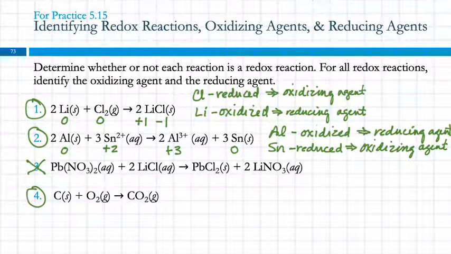0. And oxygen? 0. Good. One way you could think about this is like, well, here I have carbon, and overall the charge is 0, right? Because there's no charge written. So that means that the sum of everything in there has to add up to 0, but there's only one thing. It's got to be 0. Here, the O2. This is a neutral molecule. The charge overall is 0.